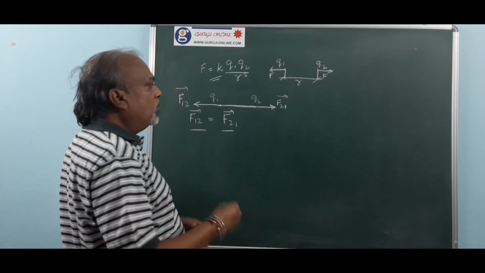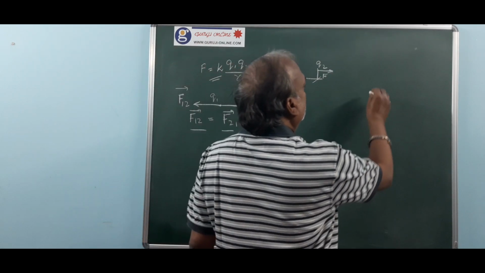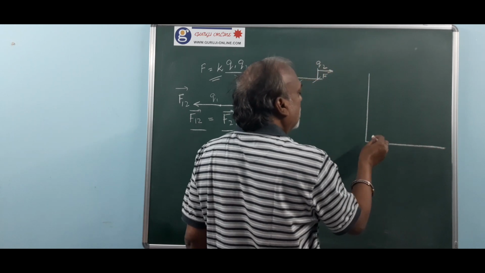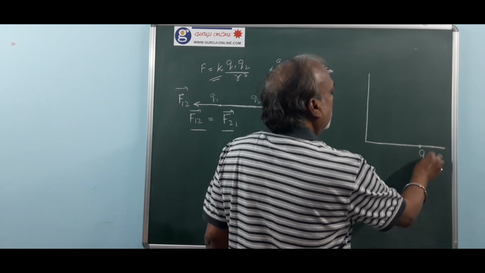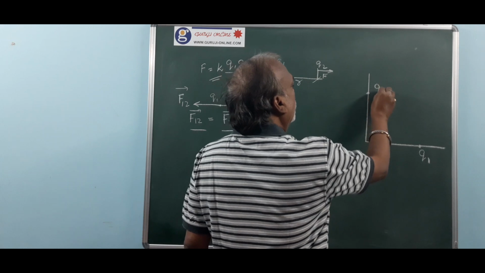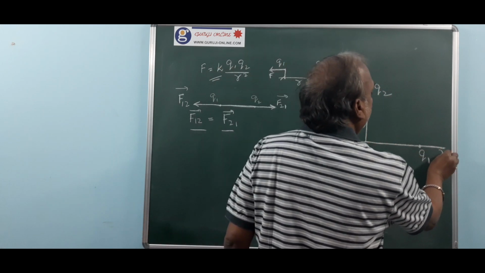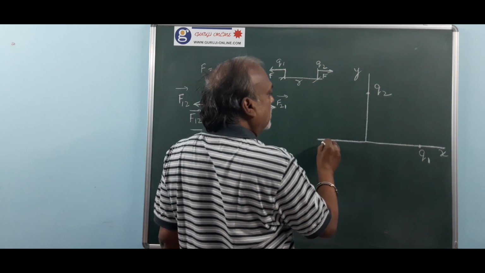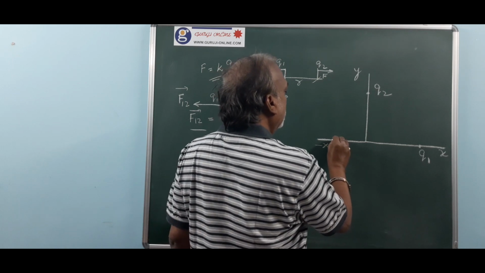Correct. Now suppose you have more than two charges. Let us see. There is one charge here, Q1, one charge here, Q2, and this is the x-axis, this is the y-axis, and this is minus x. This is suppose Q3.